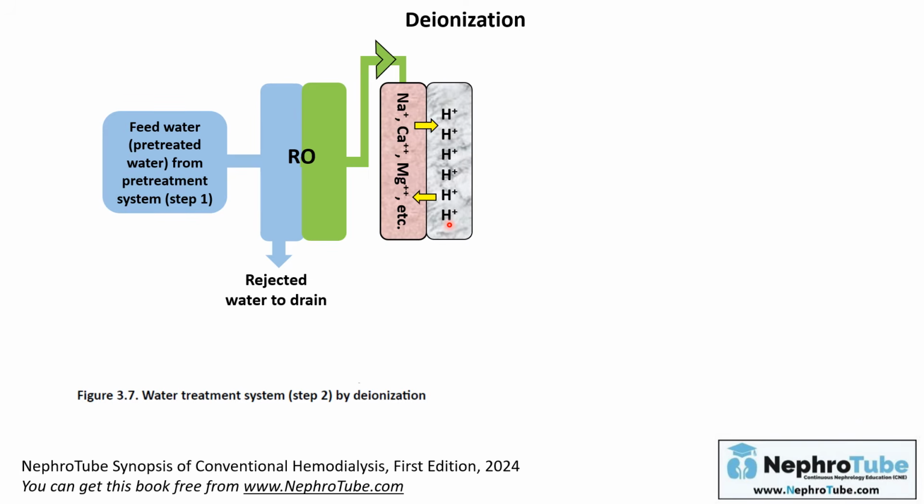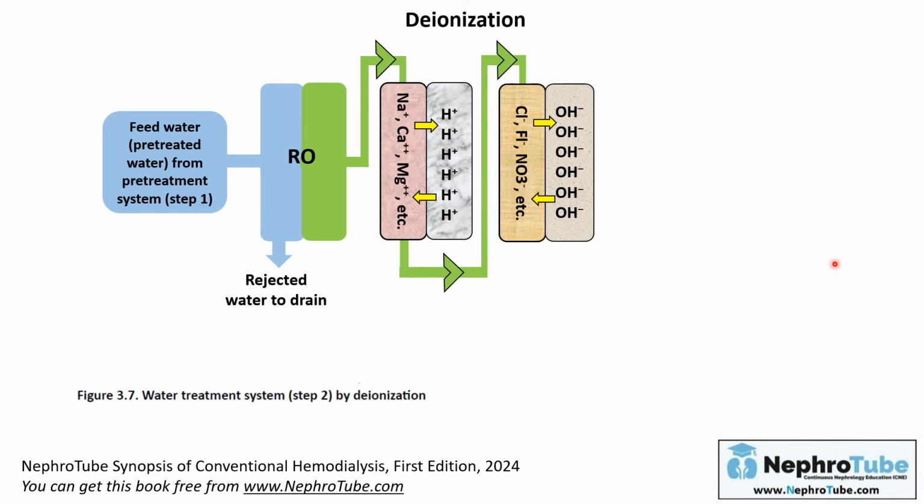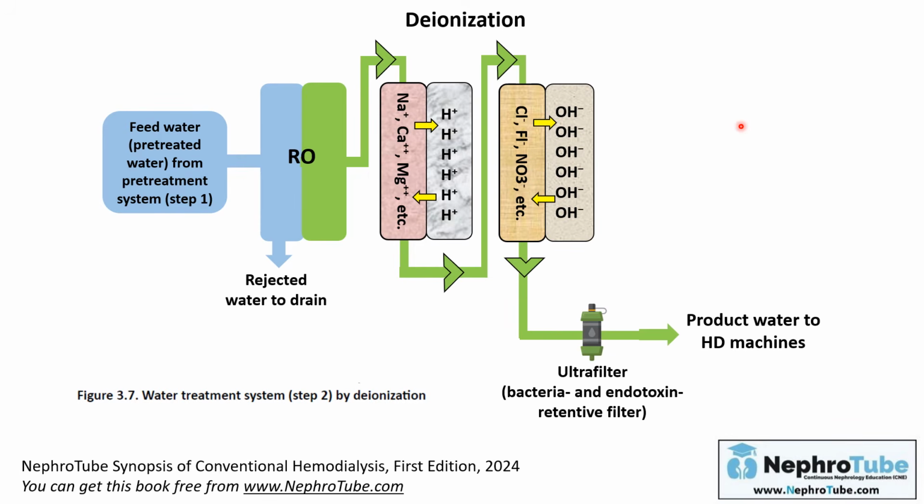Okay, here there are resins coated with hydrogen that will exchange with cations in the water. So the water comes out from here with low level of cations. Then the water will be exposed to other resin that contains OH that will exchange with the anions in the water, and the water comes out of here clear of anions.